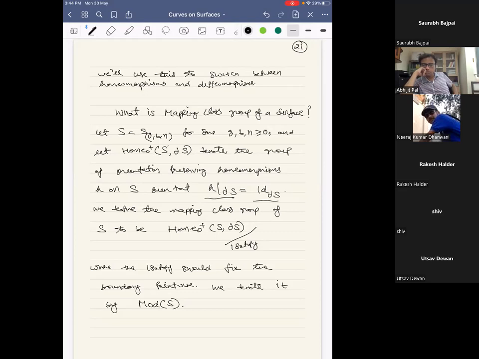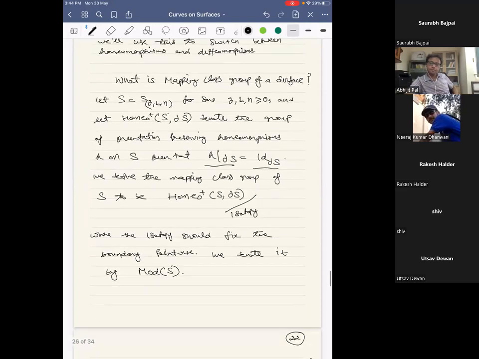Of course, when we say isotopy, it should fix the boundary pointwise. There are some variations of this definition in the literature. Some people define the mapping class group by allowing the boundary to remain invariant, not just fixed pointwise. But we will follow Margalit.